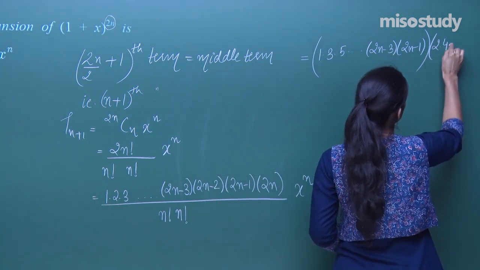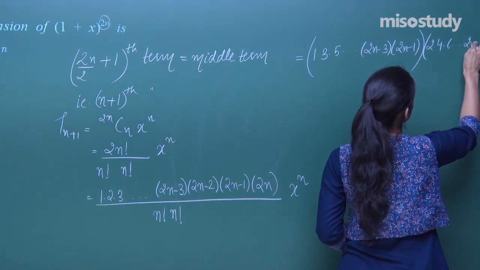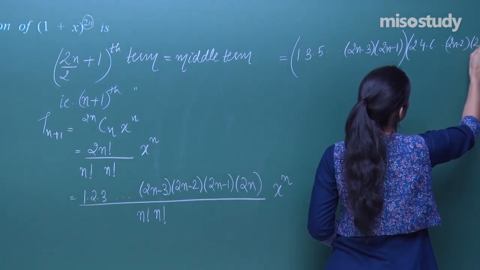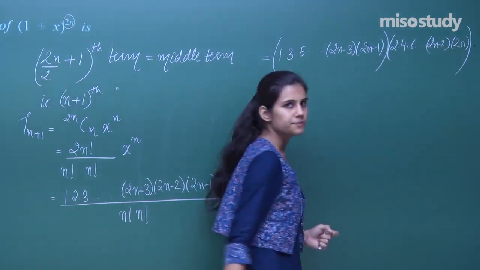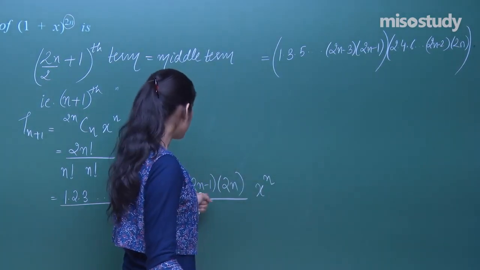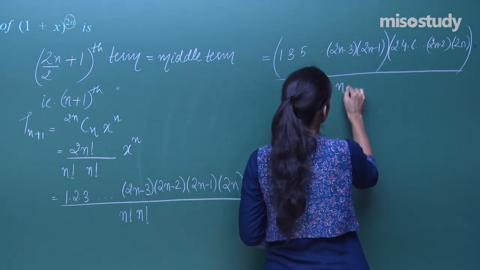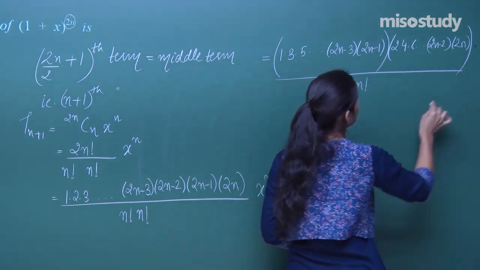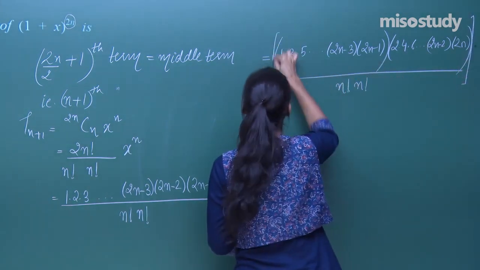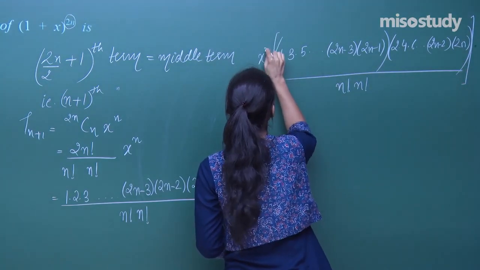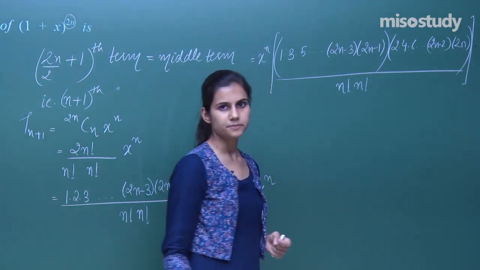So 2 into 4 into 6 and so on, 2n minus 2, 2n, whole upon n factorial into n factorial, and this multiplied by x to the power n.